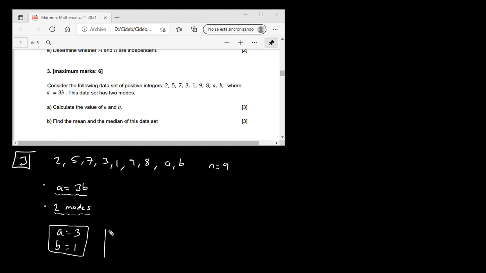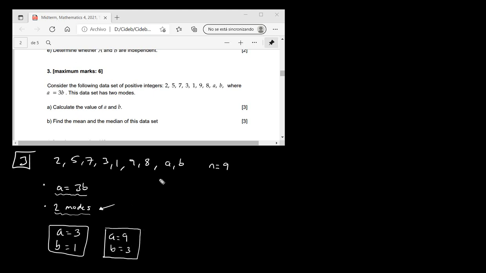But there's also another possibility, the one that I didn't see at the time of making the exam: A also could be 9 and B could be 3. This other possibility also complies with this equation, as you can see. And both of these possibilities also comply with this one. If I decide for this, then my modes are going to be 1 and 3, and the frequency of each mode will be 2. And the same for this one. If I decide on this, then my modes would be 9 and 3, and also the frequency of each mode is going to be 2.